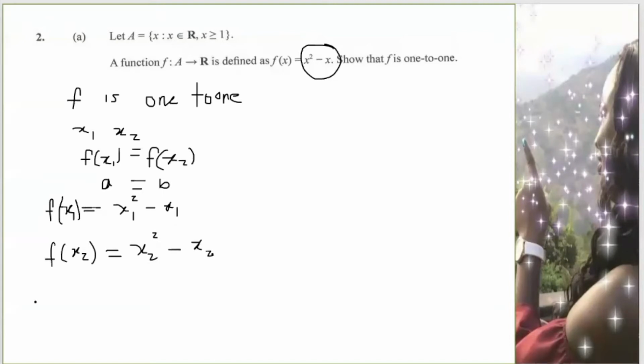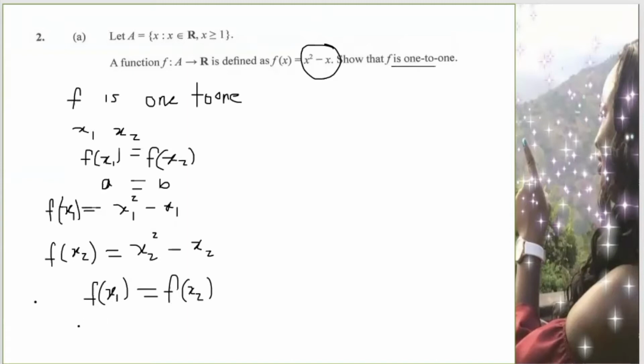We're trying to show that it's one-to-one, so we're going to equate them, then simplify to see if we can get a one-to-one relation.